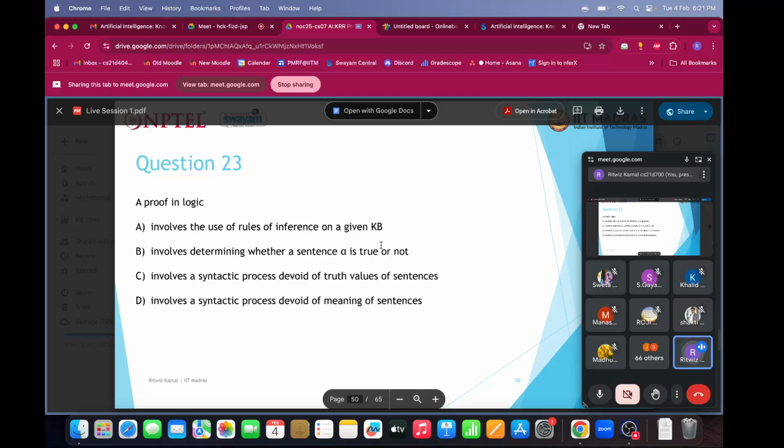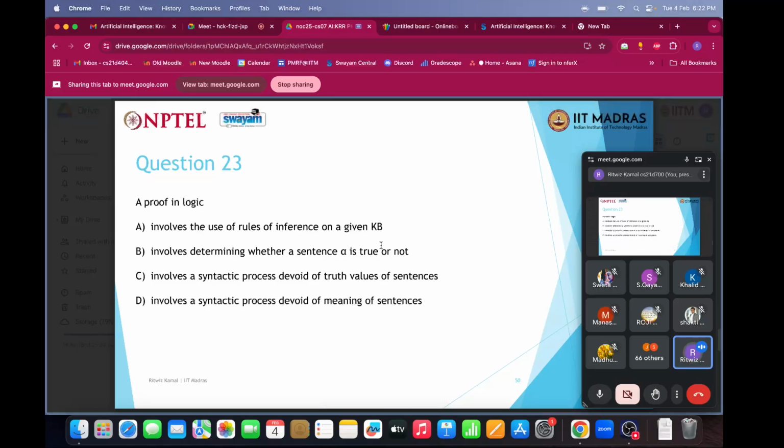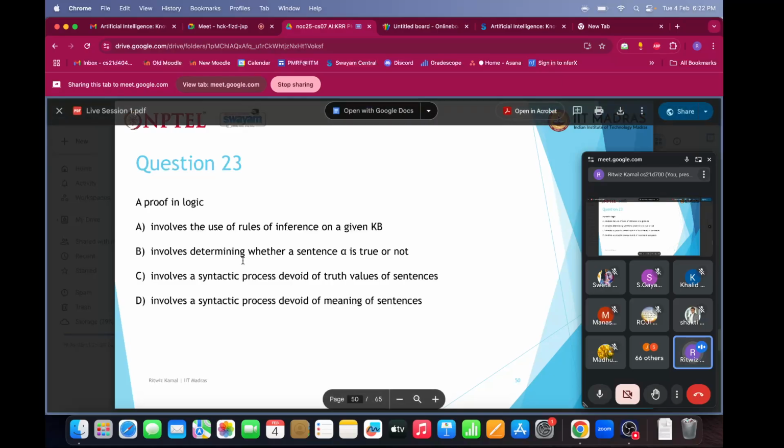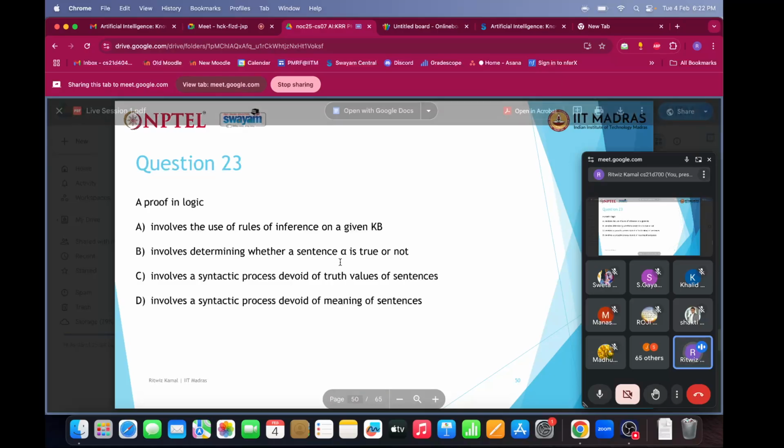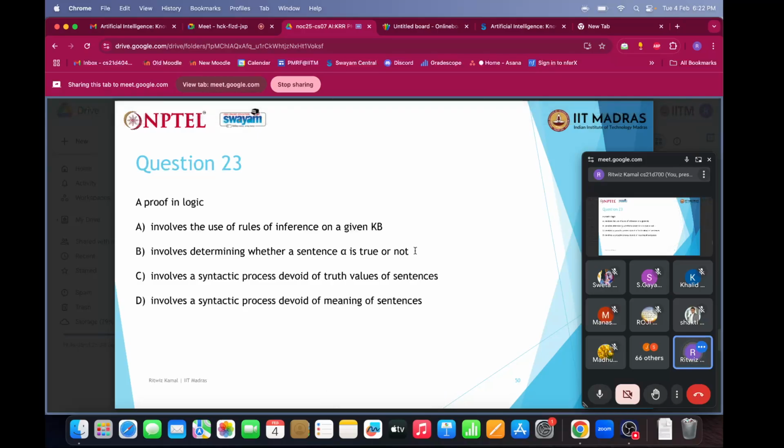So let's look at the options one by one. As we discussed a while back, proof does involve the use of rules of inference. So option A is correct. Let's look at option B. Option B says that it involves determining whether a sentence alpha is true or not. So this is a tricky part to understand about proof. When we do a proof, we arrive at a new fact given a set of facts using a set of rules of inference.